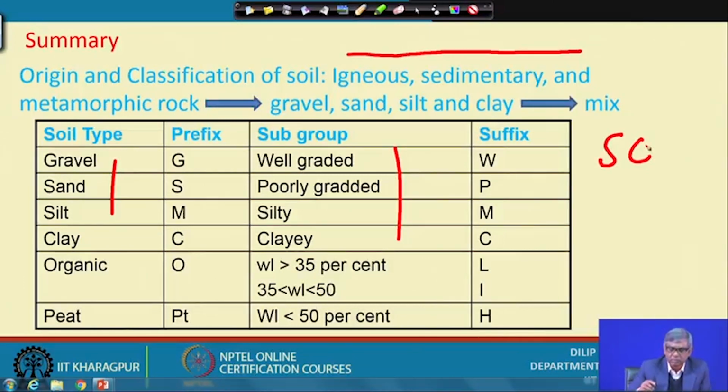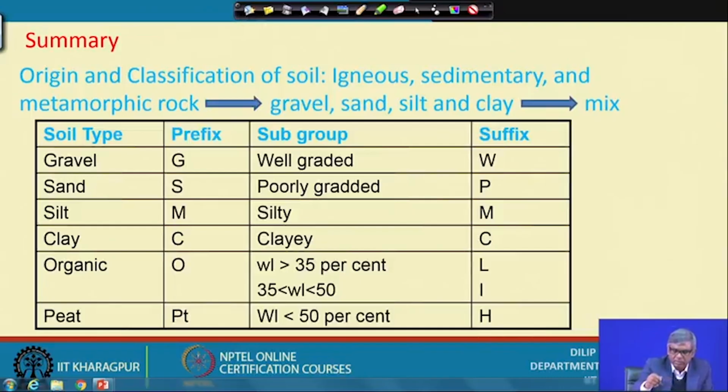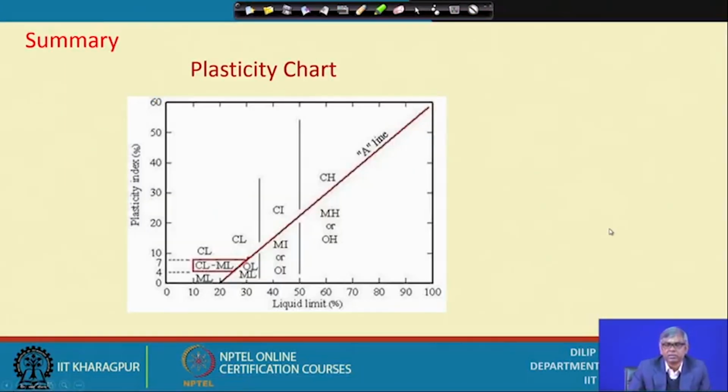So, like that we do, and at the same time if the soil contains too much fine, that is, plastic soil, then we use the plasticity chart. We find out the liquid limit and plastic limit, and based on that I find out the plasticity index, and on the other side I put the liquid limit. This is the standard plasticity chart.